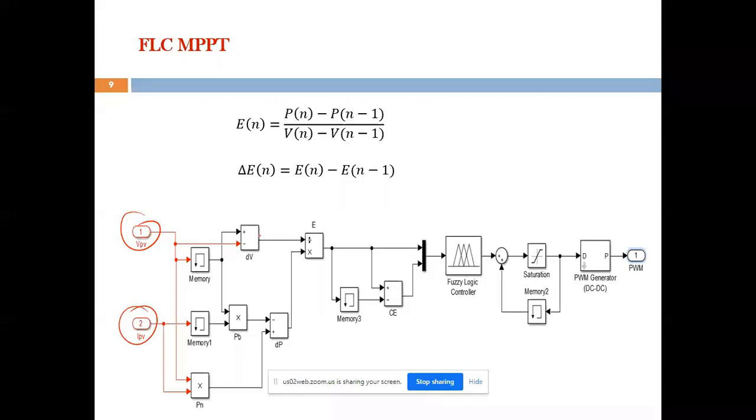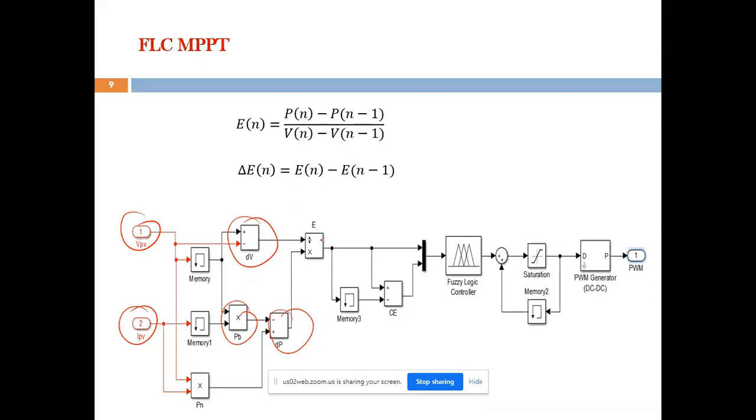From here, dV I calculated. dV is VPV minus the previous value of V. After that, I have calculated the P values, then dP values. Then we have generated the error.